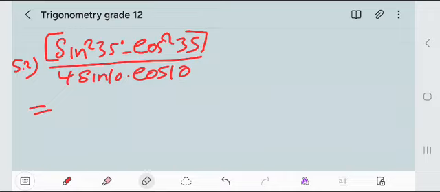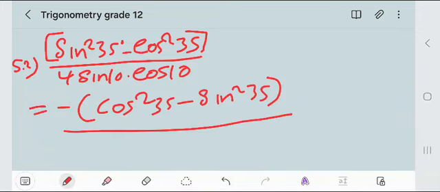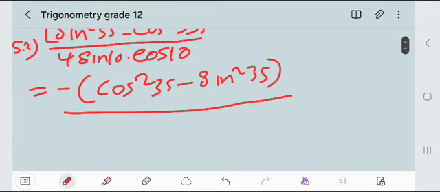Ladies and gents, we can say minus, then we can interchange that: cos squared 35 minus sine squared 35, right? So ladies and gents, I can rewrite 4 as 2 times 2.